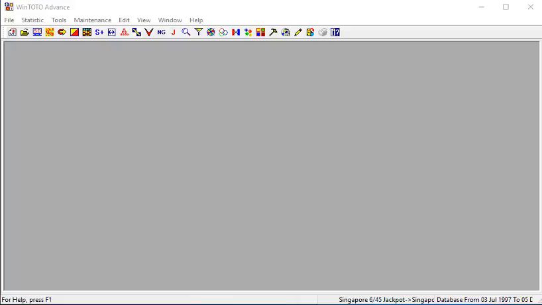I think that is something you do not want to see if you are one of our users. We have taken that into consideration, and you can be assured that so long as you are using the latest version of WinToto Advanced, there's no issue at all. We already made the changes, and you can definitely use it for the 49 numbers. No issue. That's how far we go, and that's how far we plan.